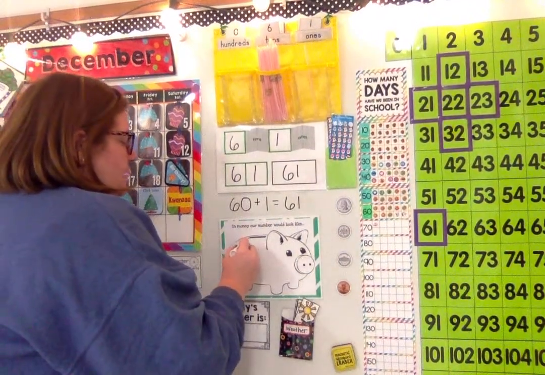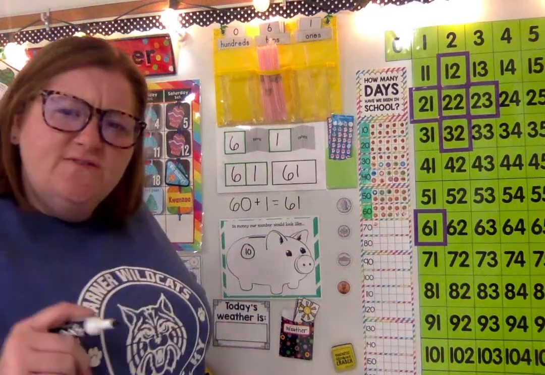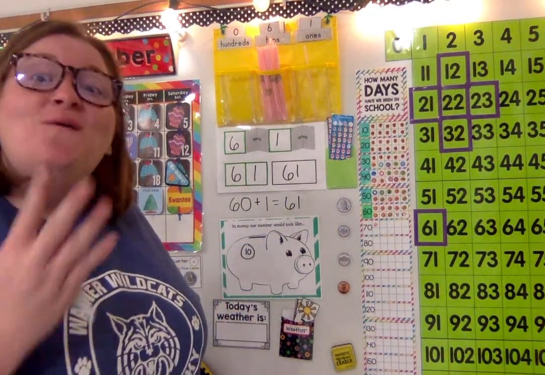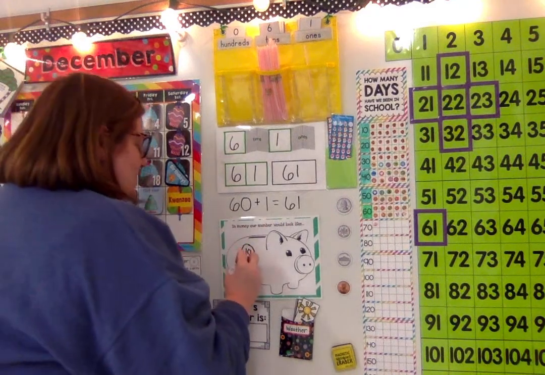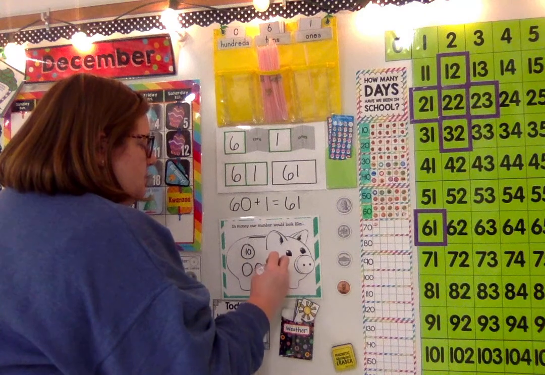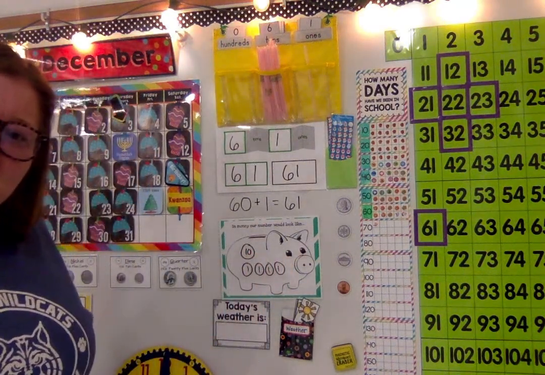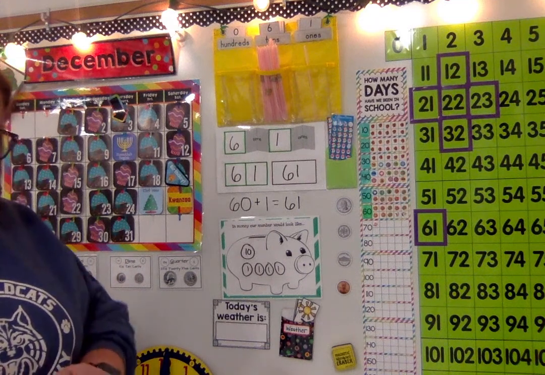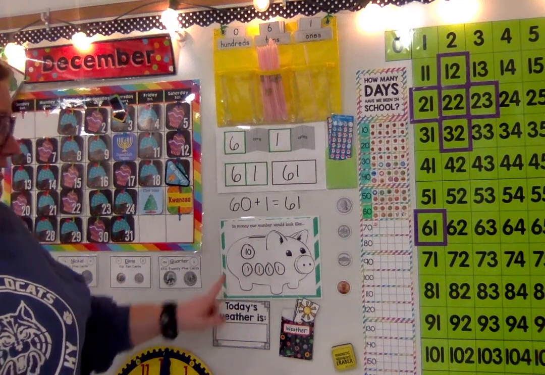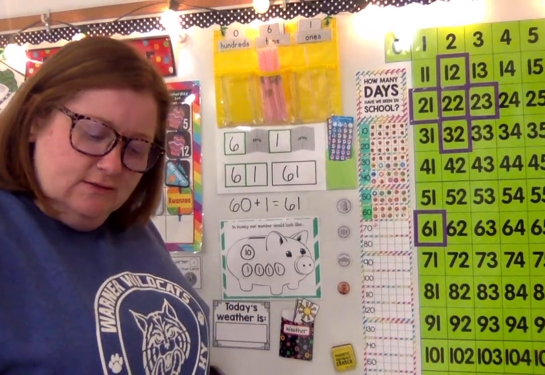A dime first. 10 cents for a dime. If it's 14, 4 more pennies. Good. 4 more pennies. 1, 2, 3, 14. That would be the least amount of coins. A dime and 4 pennies.